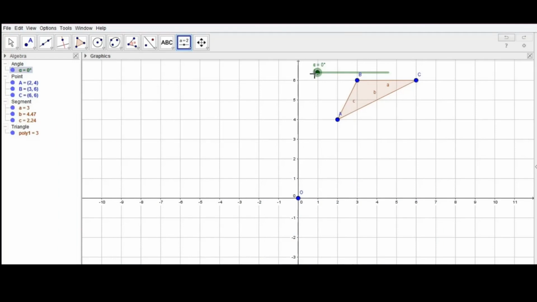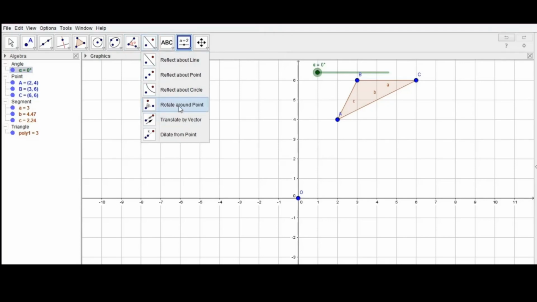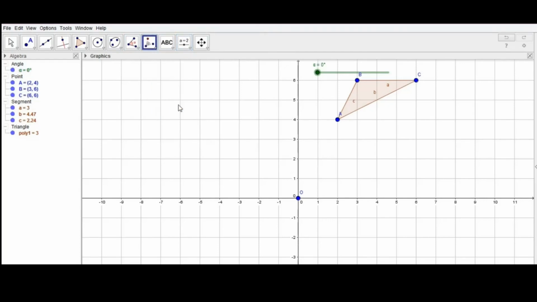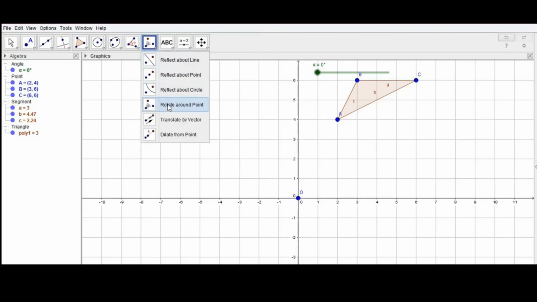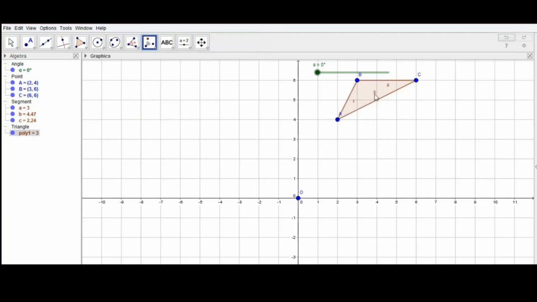To rotate this, remember I'm going to look for rotate around point. So I'll click on rotate around point, and remember that I am to rotate this triangle about the origin.